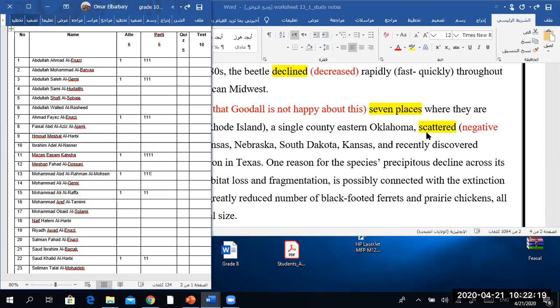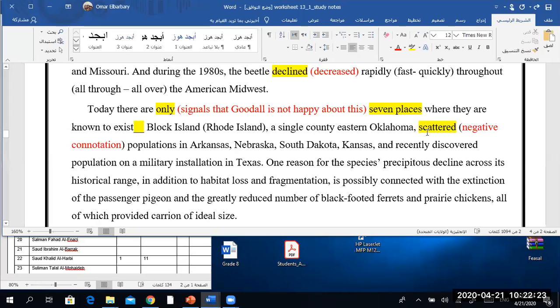Negative. Very good, because it includes a connotation that somebody might not be happy with what's happening if something is scattered, or this happens with the population, especially for a strong supporter of the Beatles like Godal.